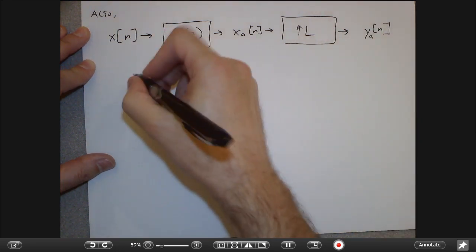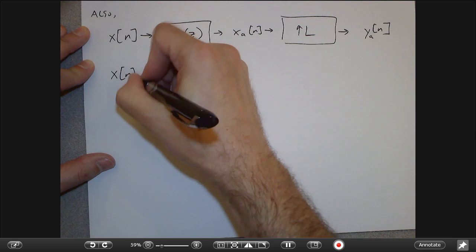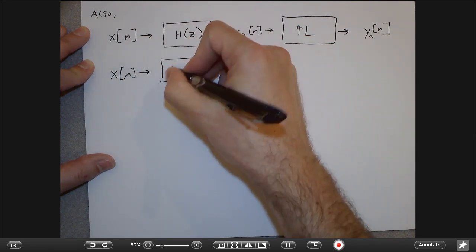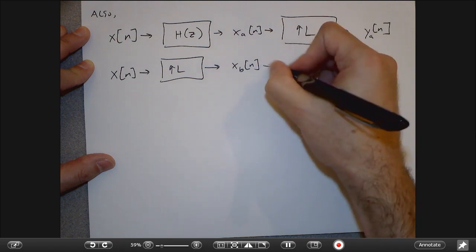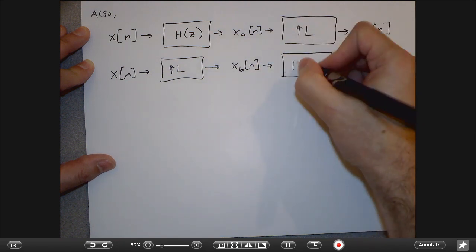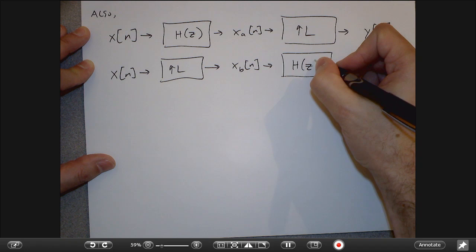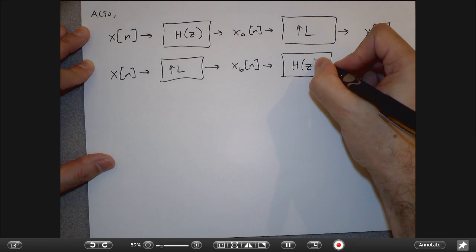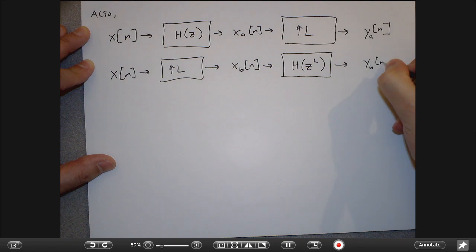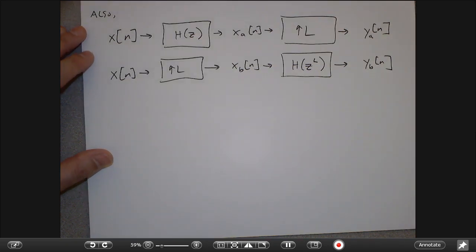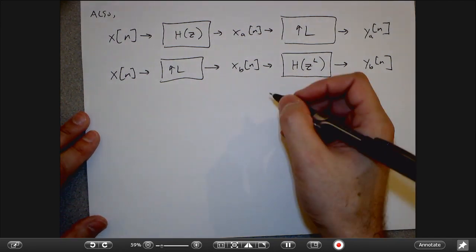That's the same as if I were to interchange, put the upsampler first, get some intermediate signal, and then put this through a Z transform like this. So let's prove why that's true.